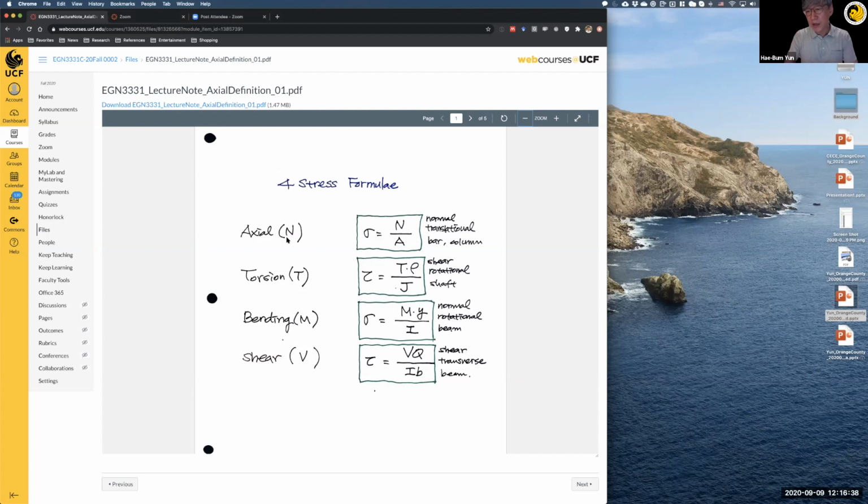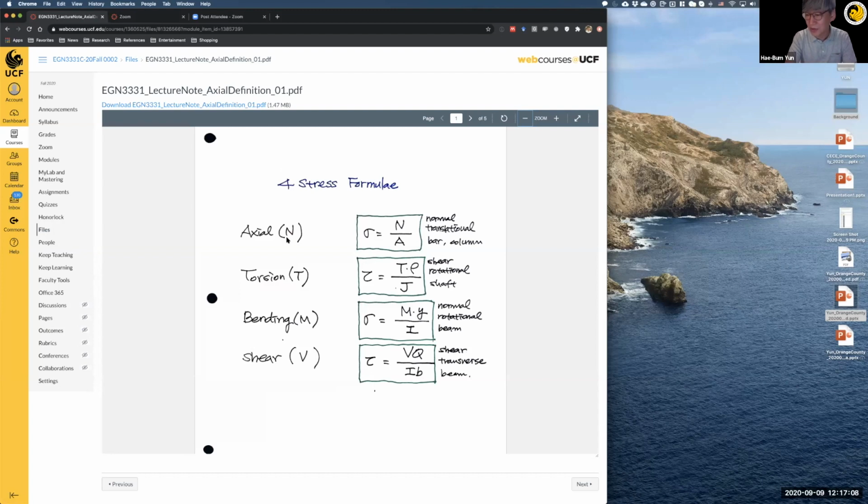I'm asking, for example, if you think about the building, a building is a combination of all different kinds of members. A building has a slab, columns, beams and foundation and so on. So what would be the structural member subjected to the axial load?